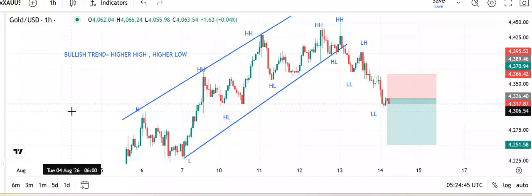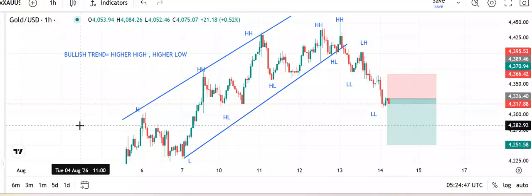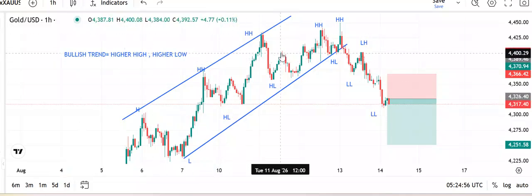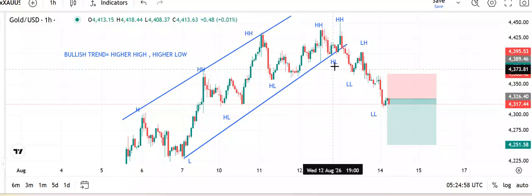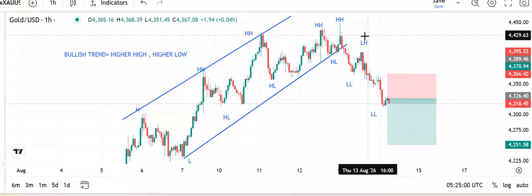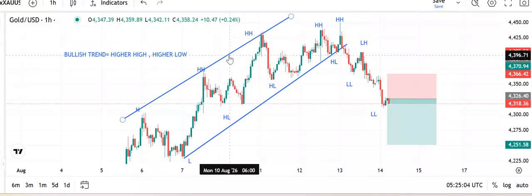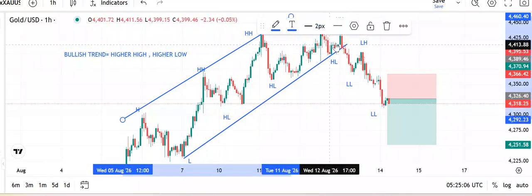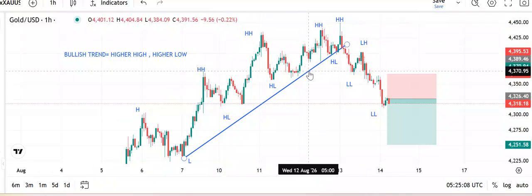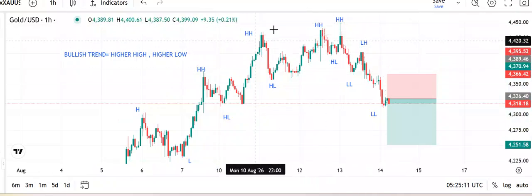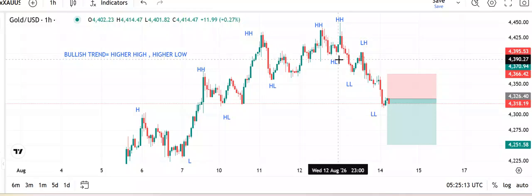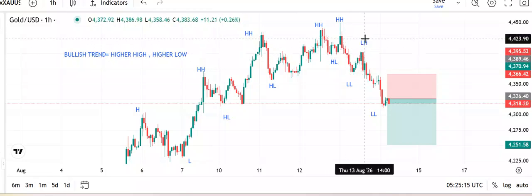So the first thing when you come to the chart is to see if price is forming a trend. Find that out first. And you wait for range. Now this is the range. Range is where you start to see price form higher high, higher low, mixed with lower high, lower low.